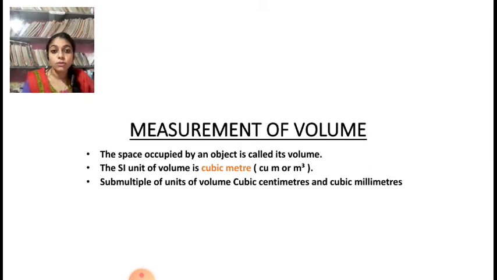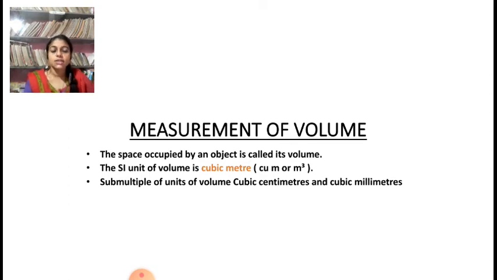Likewise, when we move on to the measurement of volume, we have to consider the height of the solid also. That is the major difference between area and volume. That is why we define volume as the space occupied by an object.